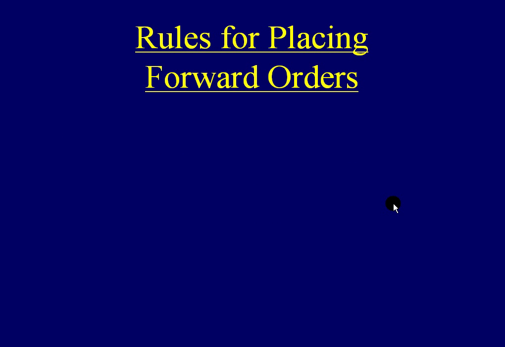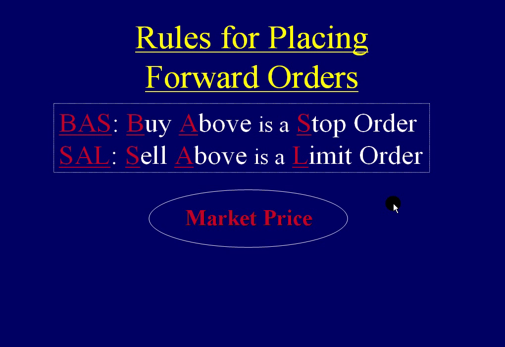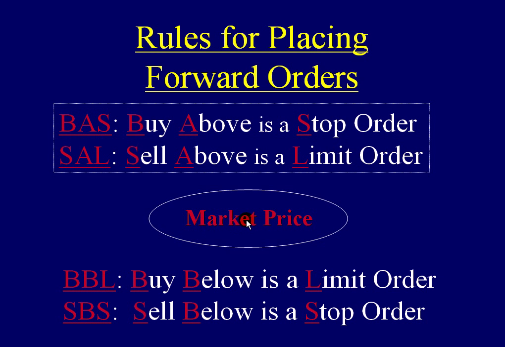Now, rules for placing forward orders. This is very important. You have a market price. So if price is right here right now at this level, and you want to place an order to buy at some time in the future above the market, you'll place the order as a stop order.